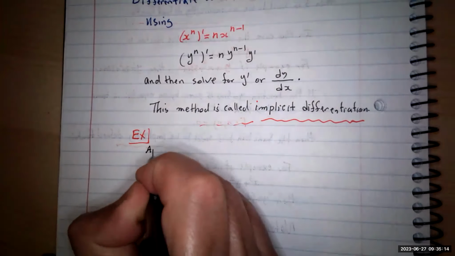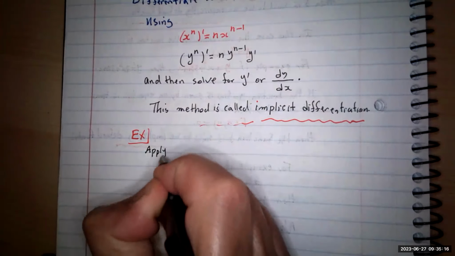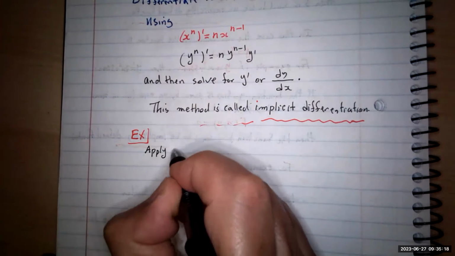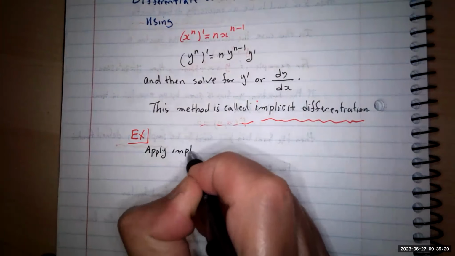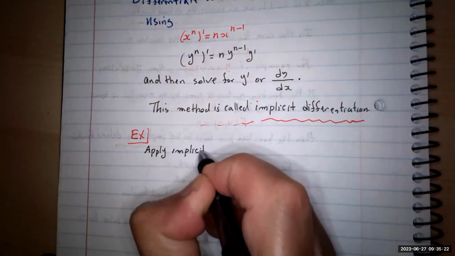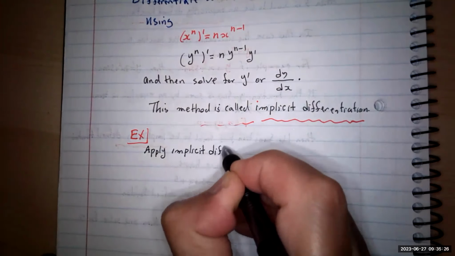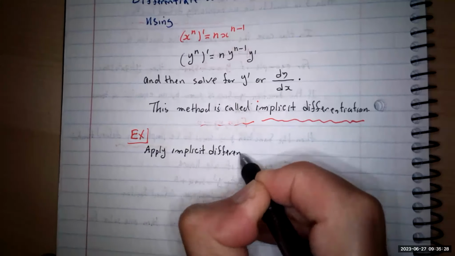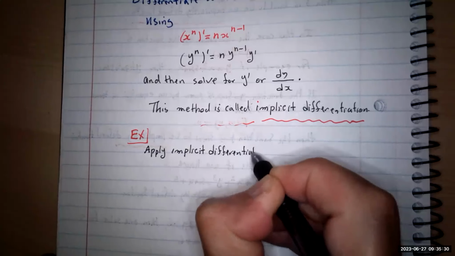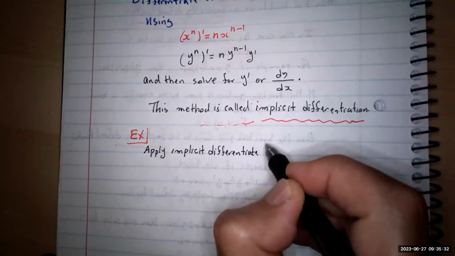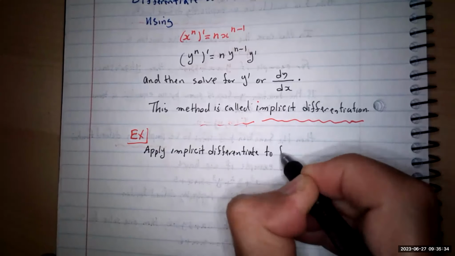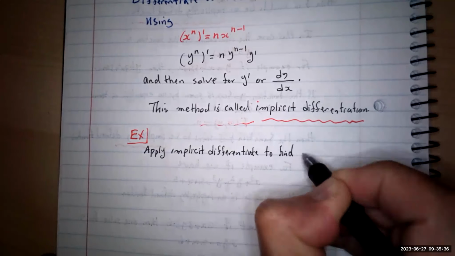Apply implicit differentiation to find y prime.